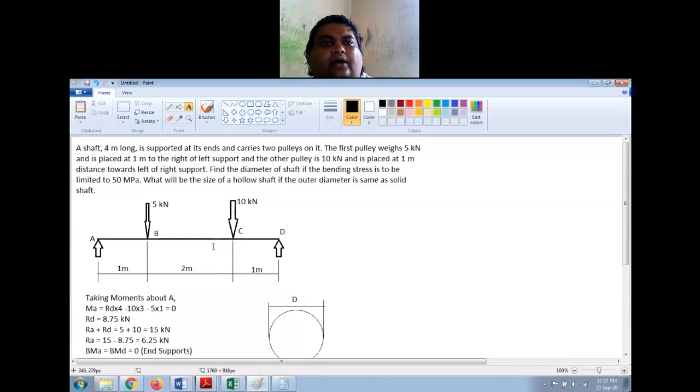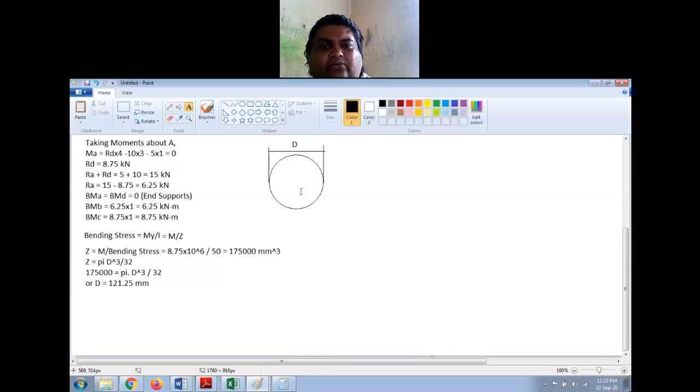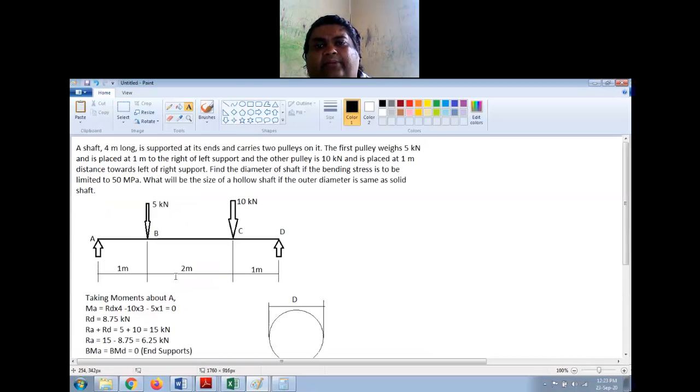Okay. Now there is an extension to this question. What will be the size of a hollow shaft if the outer diameter is same as the solid shaft? That means I have to keep the outer diameter same as this and find the inner diameter of the hollow shaft, right? So I will continue on this side here.